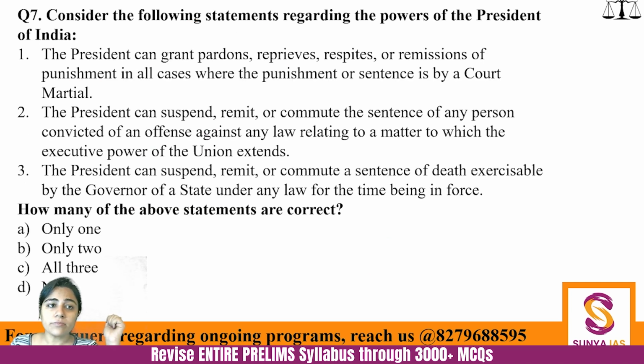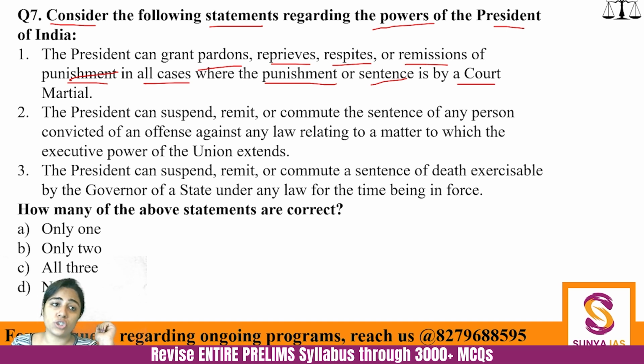Next one. Consider the following statements regarding the powers of the President of India. The President can grant pardons, reprieves, respites or remission of punishment in all the cases where the punishment or sentence is by a court-martial.